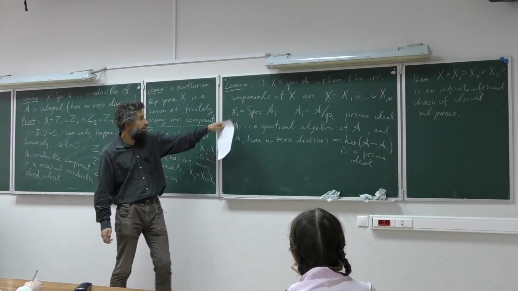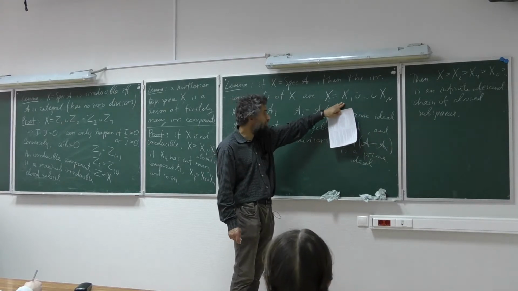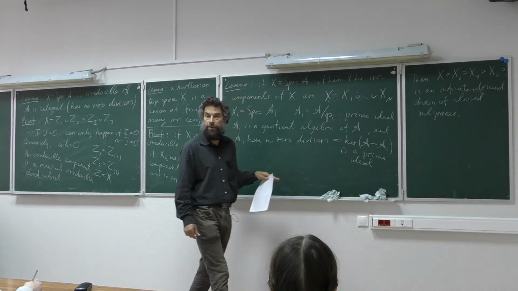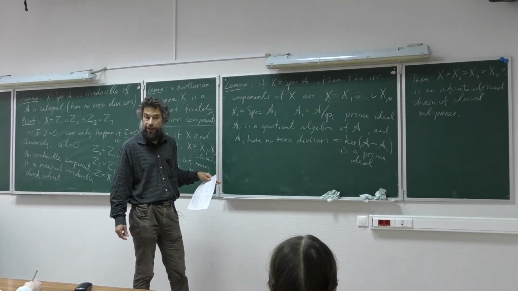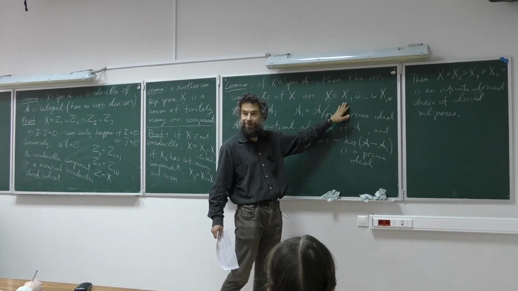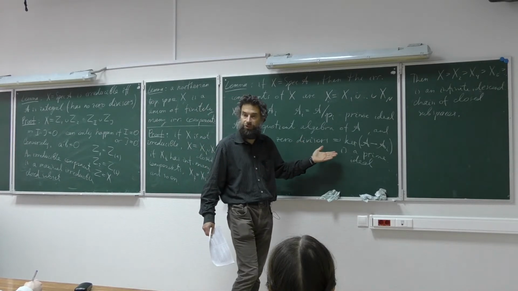Oh yes, certainly. These are irreducible components. So they are maximal irreducible closed subsets. By definition, any closed subvariety is the spectrum of a quotient algebra, right? That's the Zariski topology.